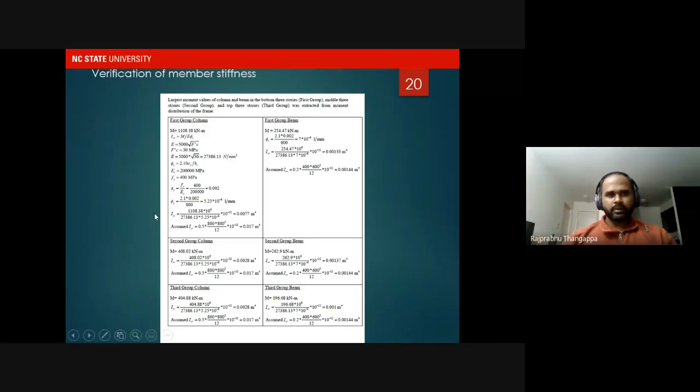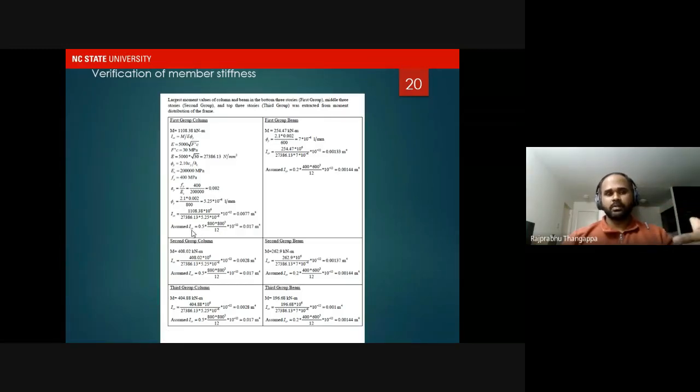So we will have to verify whether the assumed member stiffness and the calculated member stiffness are kind of similar. So for this, we will have to divide the columns and beams into 3 groups.